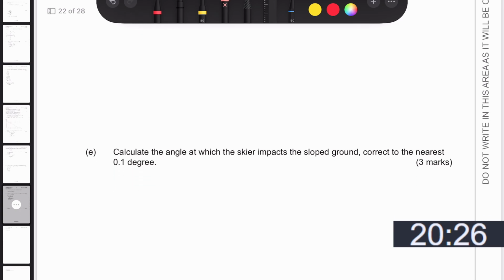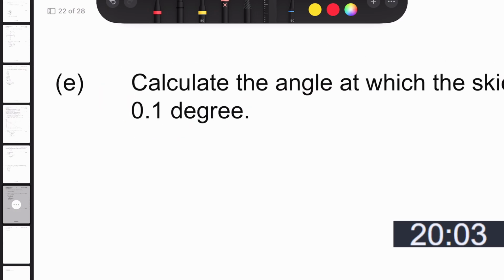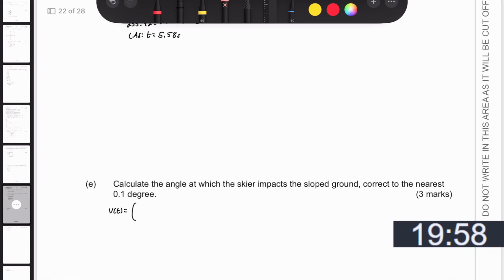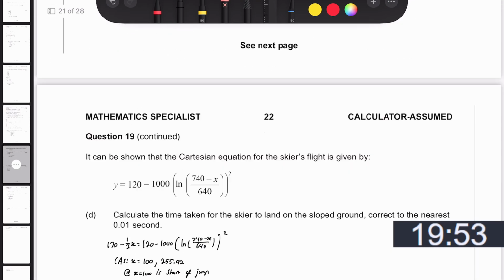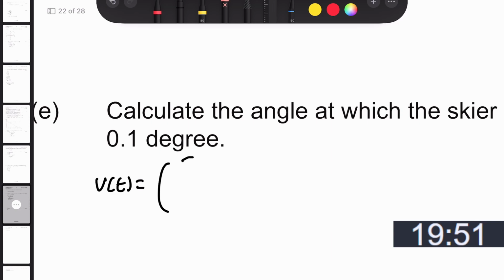Okay, calculate the angle at which the skier impacts the sloped ground, correct to the nearest 0.1 degree. So do I have to find the velocity at that point? I think it's the velocity. So v of t is going to equal 32e^(negative 0.05t) and then negative 5t.